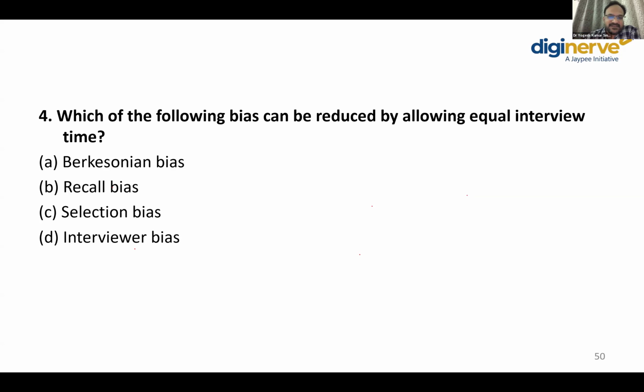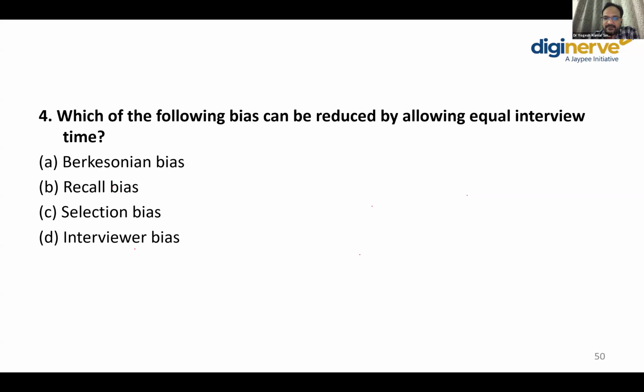Obviously, the problem is that the interviewer, if biased, if the interviewer knows that this person is a case and this is a control, control is free of disease, so he will spend more time with the case.